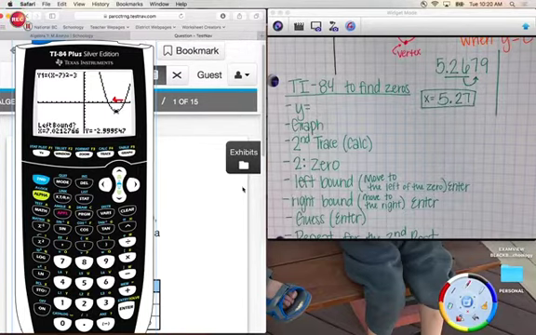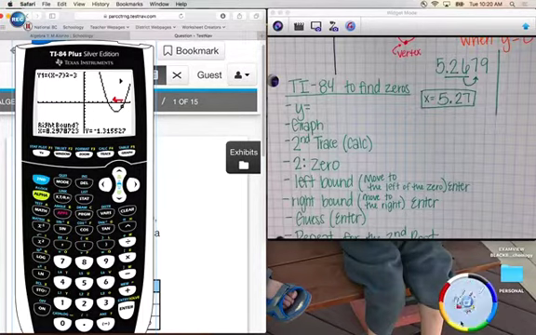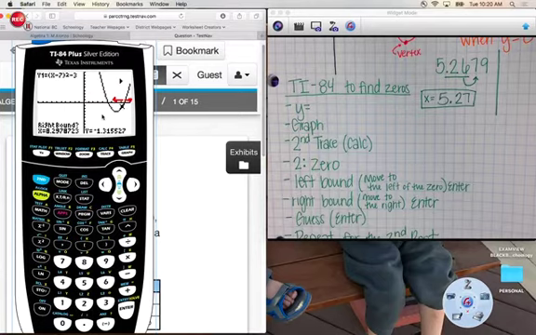See my little arrow? So right there, I'm to the left of it. So hit enter. Now I need to be to the right of it. And right is this way. So now move to the right. Hit enter. Notice your 0 should fall between there.